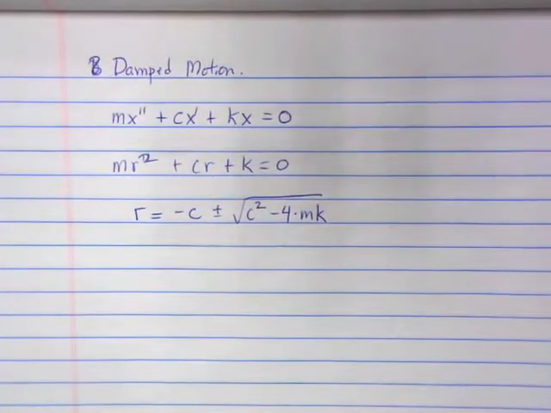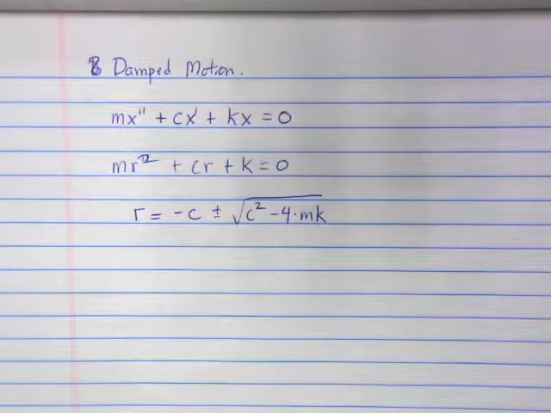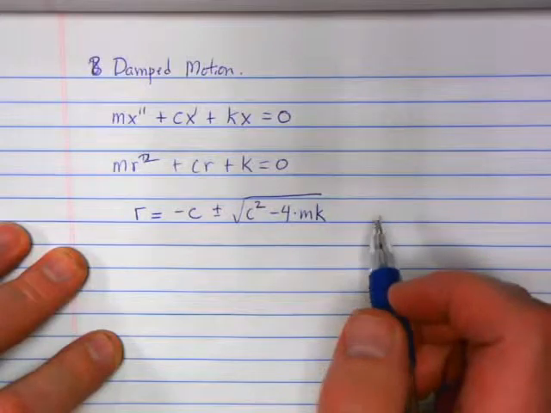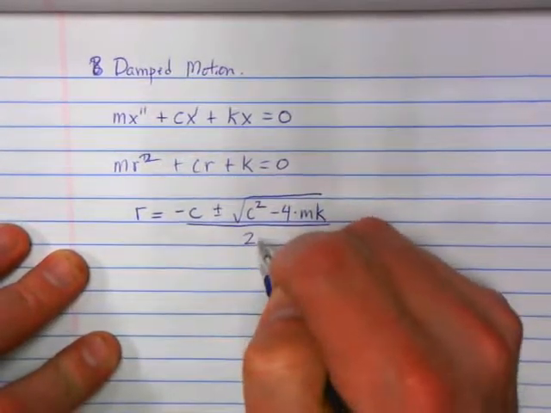That's kind of confusing because b is the letter c and c is the letter k.